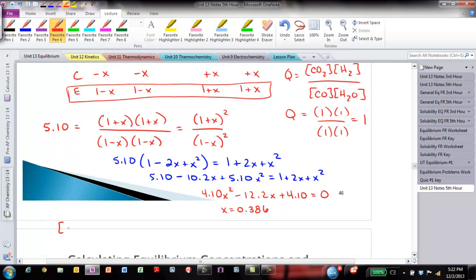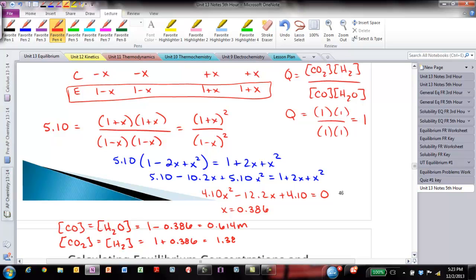Both my CO and my H2O are going to have the same concentration because they're both 1 minus X. So we'll take 1 minus 0.386, which is 0.614, and my CO2 and my hydrogen are both going to be 1 plus 0.386, which is 1.386 molar. Okay? So those are my equilibrium concentrations.